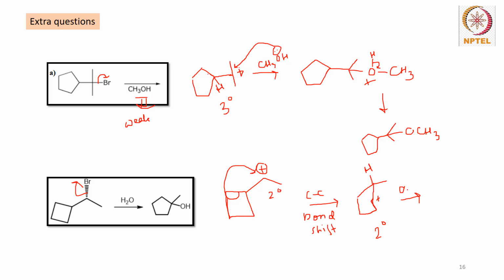So okay, what will happen? Alpha hydrogen shift. This shift is not hyperconjugation, it's a total shift. This carbon-hydrogen bond will shift to this position, and we will get this.